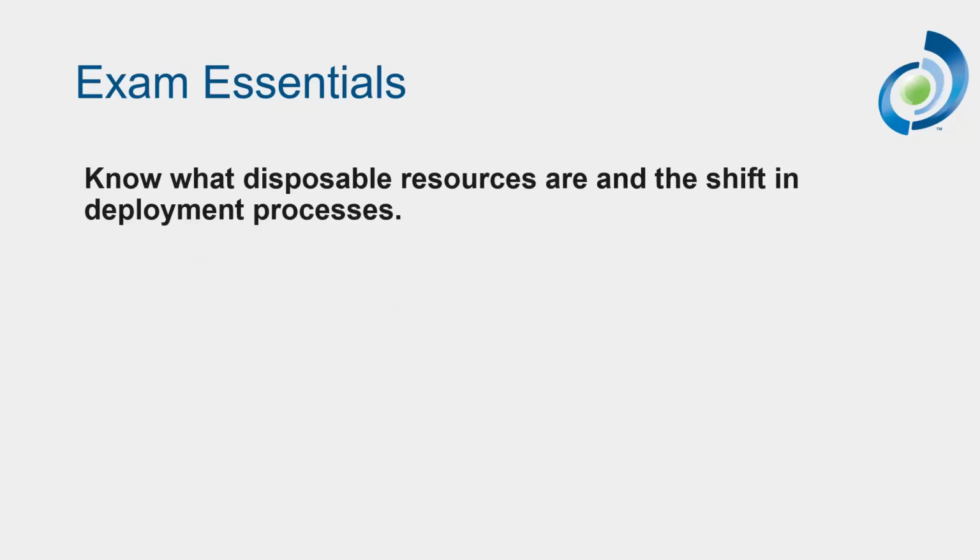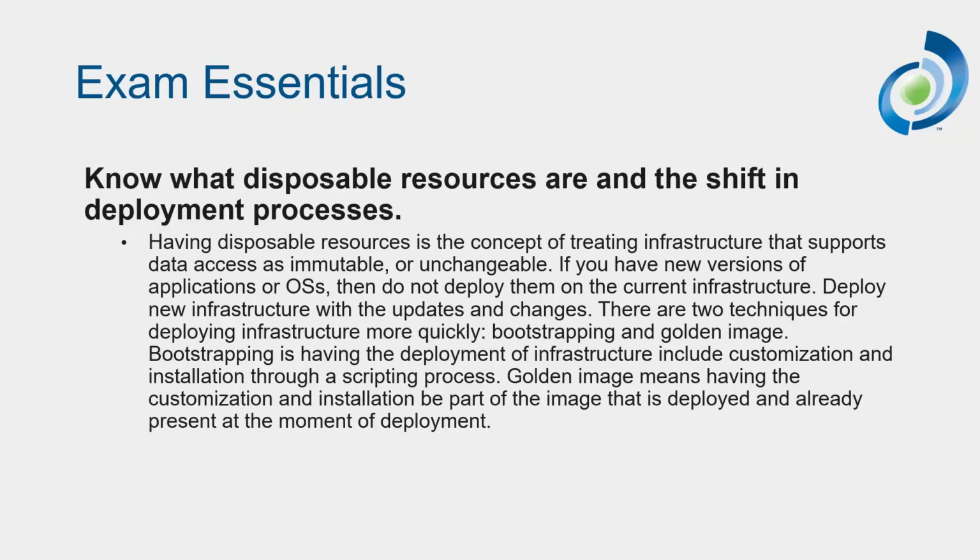Know what disposable resources are in the shift and deployment processes. Having disposable resources is the concept of treating infrastructure that supports data access as immutable, or unchangeable. If you have new versions of the applications or OS, then do not deploy them on the current infrastructure.